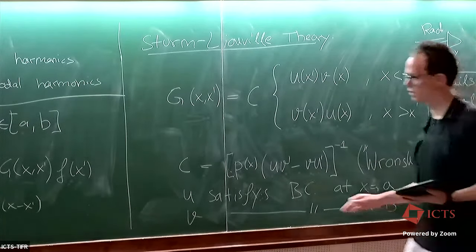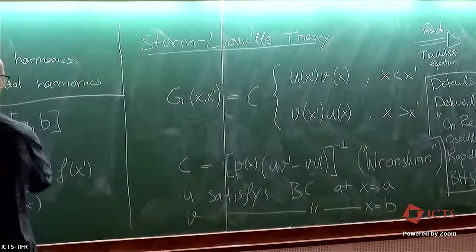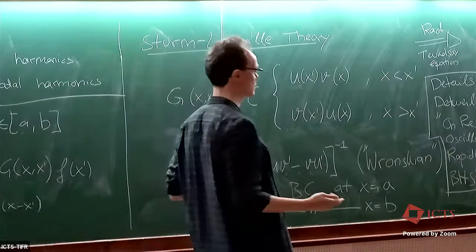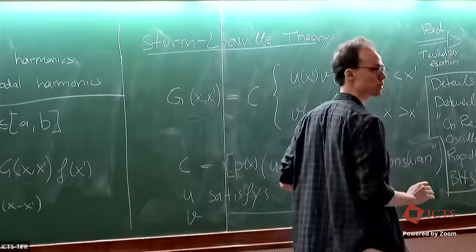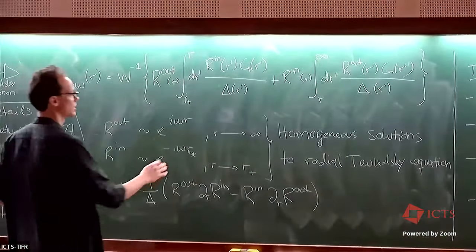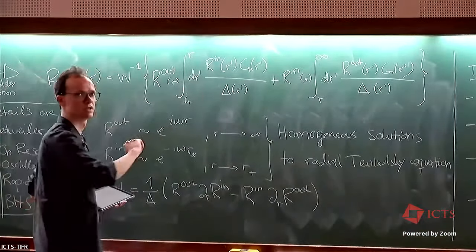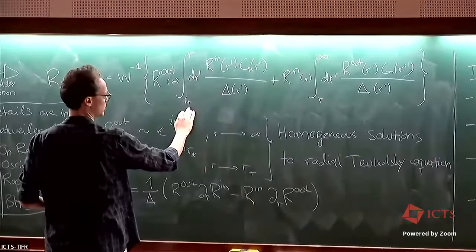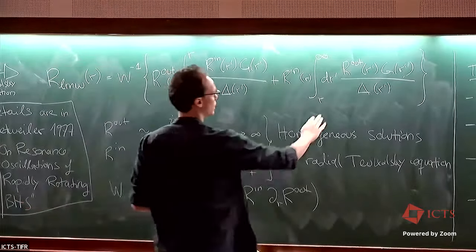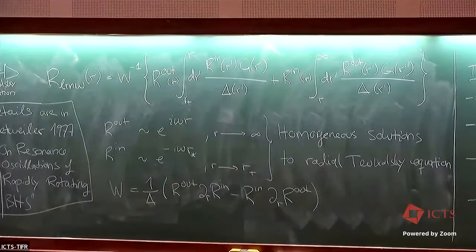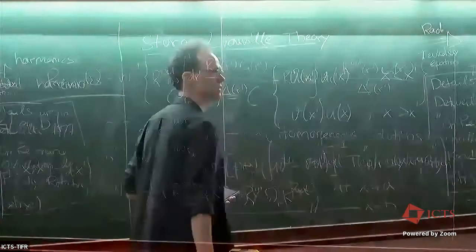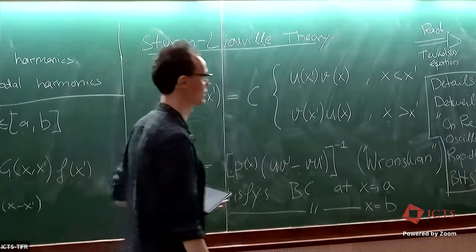So we have this integral over dx prime, which is basically just split into two regimes, one where x is larger than x prime, one where x is smaller than x prime, which in our case is just r prime is smaller than r, so between r plus and r, or r prime is between r and infinity, okay?